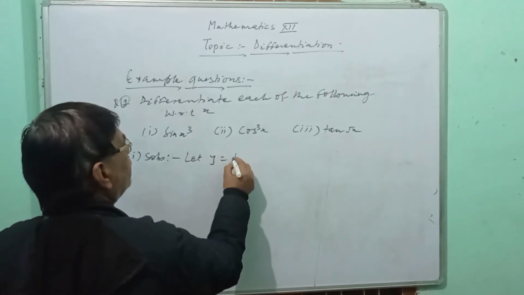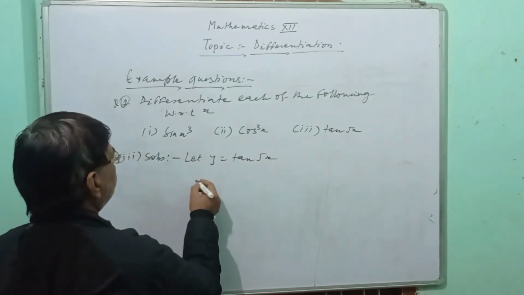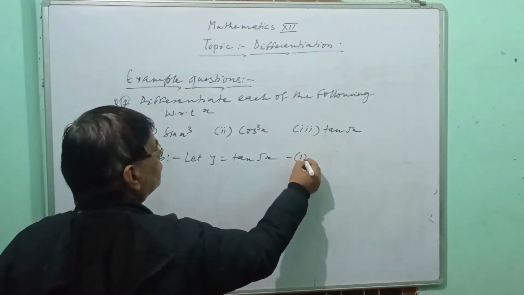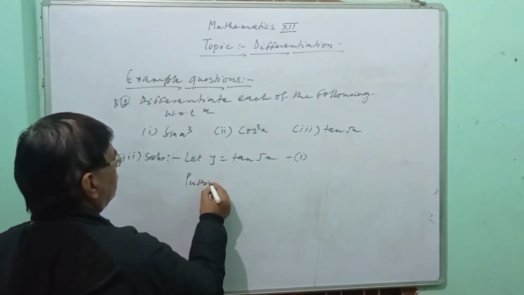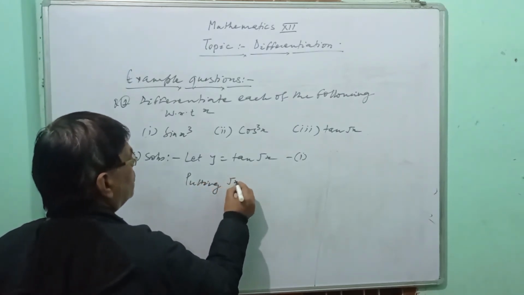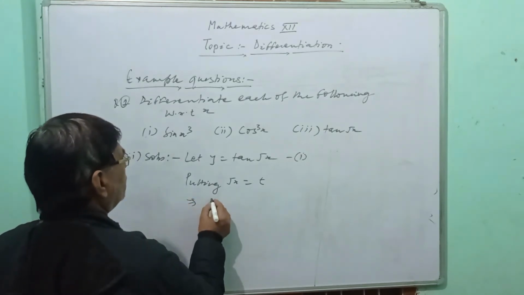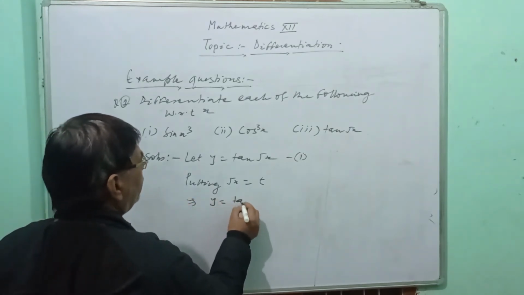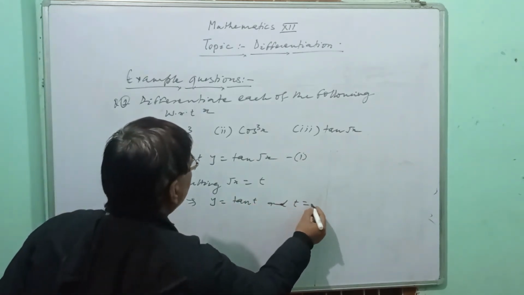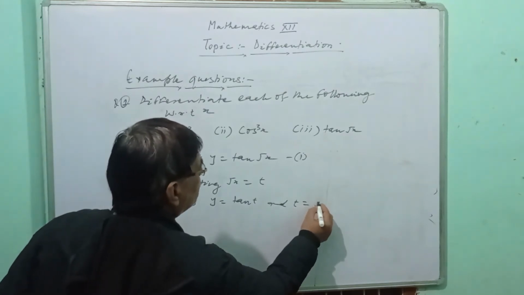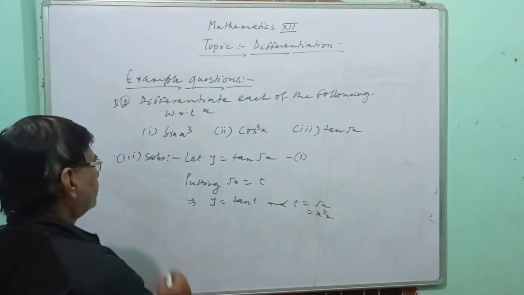Let y is equal to tan root x. Equation 1, putting root x is equal to t. This implies y is equal to tan t and t is equal to root x, meaning x to the power 1 by 2.